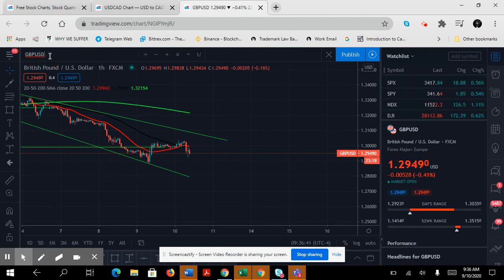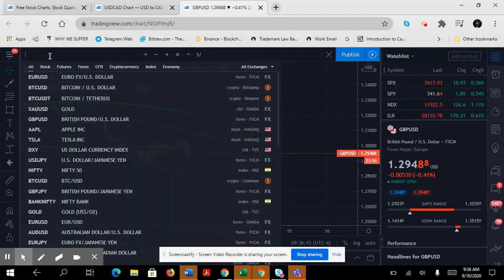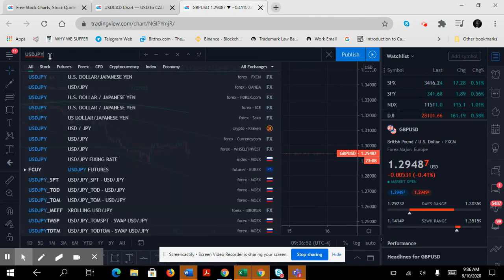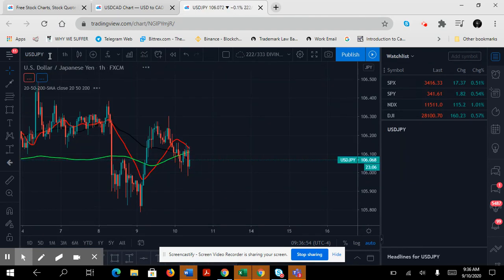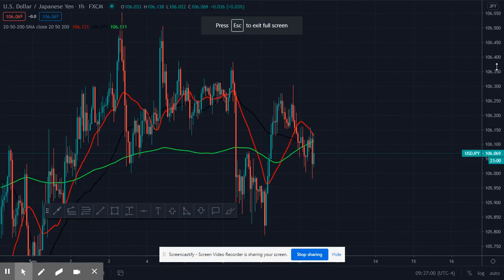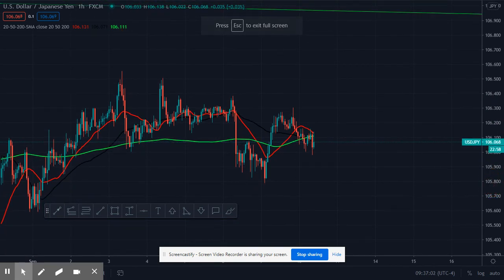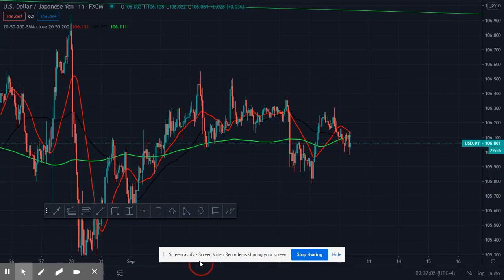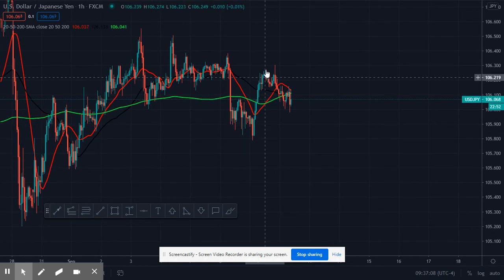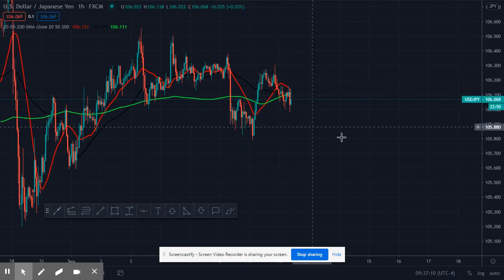I'll do one more and that'll be it. Let's do USD JPY. All this is on the hourly time frame. Same type movement. You got a failure down.